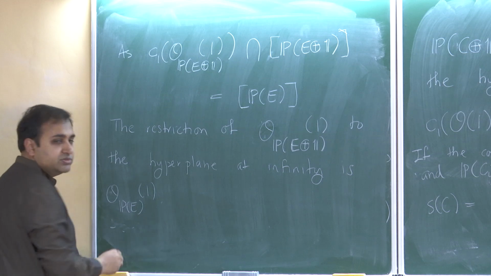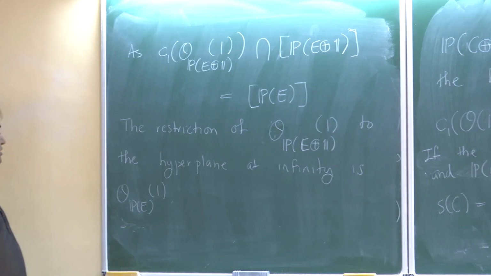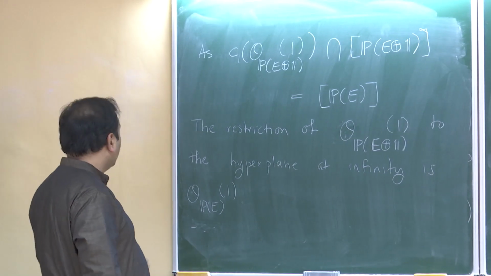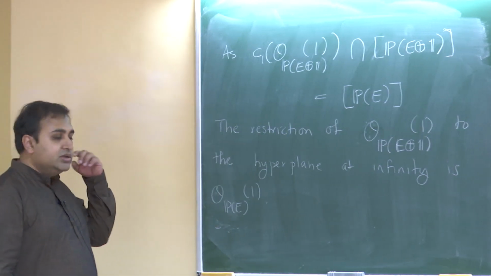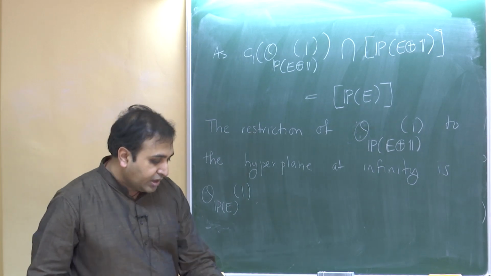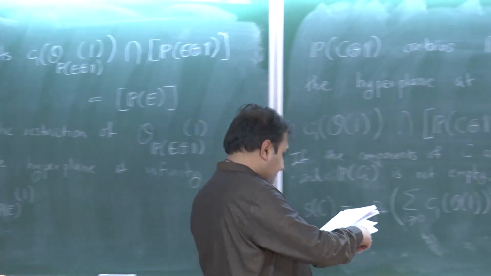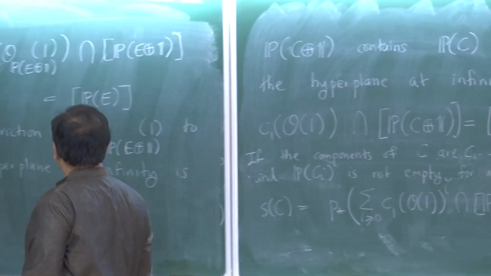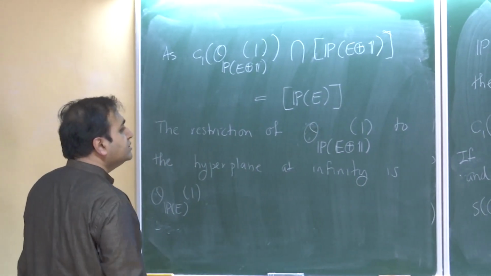So you can just verify this. This is not that difficult. You just have to see how the embedding is. I mean, you can just write down the surjection, and so it's very clear that this is happening. Okay, so this basically completes it, and from this the proof should follow.